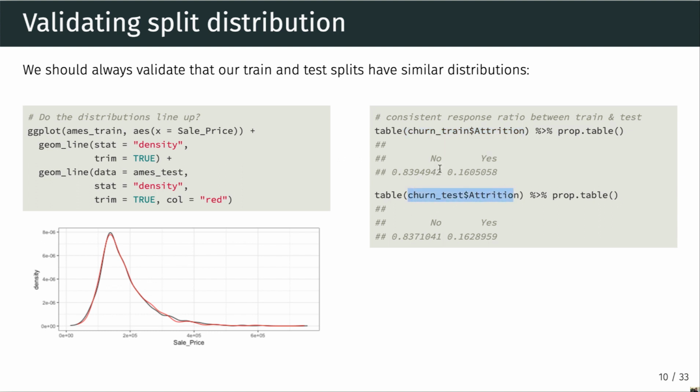We see here that in our training data, we have just under 84% nos and 16% yeses. If we look at our test set, we have almost the exact same ratio. So we are good there, both the training and the test sets for both of these data sets have very similar distributions for the response variable.